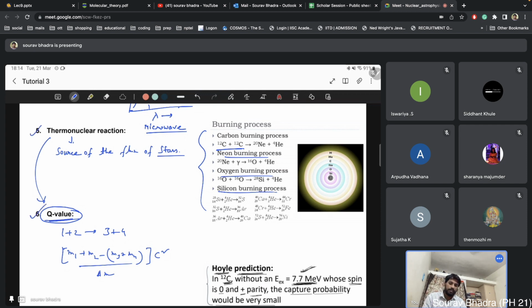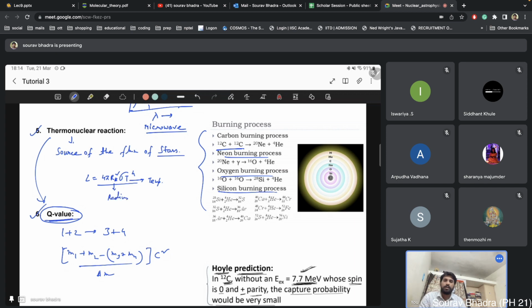All these things we have already done, and what I have not written is that we have also calculated the luminosity of a star, which is 4 pi r squared sigma T to the power 4, where T is the temperature of the object and r is the radius of the object.